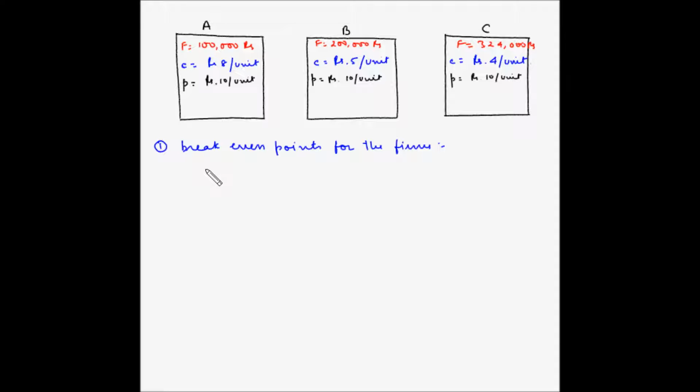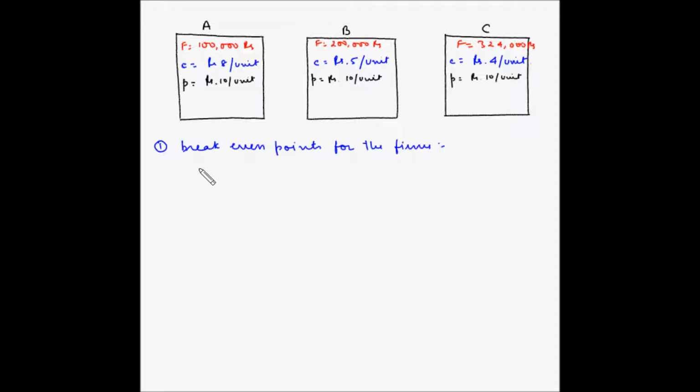Now what is a break-even point? So break-even point is the point where the firm will have no profit and no loss. That means the returns that the firm is getting will be equal to the total investment that the firm has made.